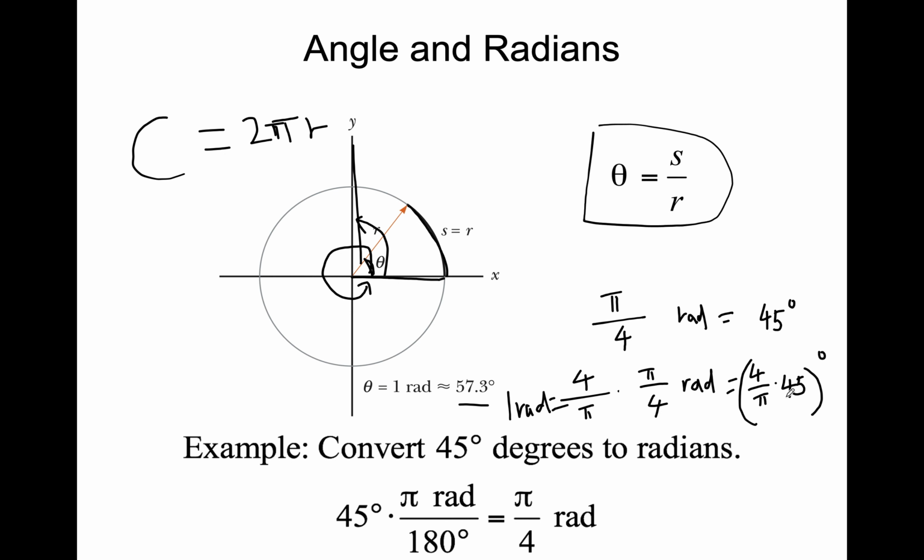So 1 radian is 4 over pi times 45 degrees. You plug in 3.14 for pi, and we roughly get 57.3 degrees. Sorry, 1 radian is roughly 57.3 degrees.